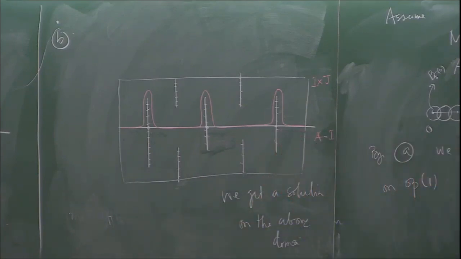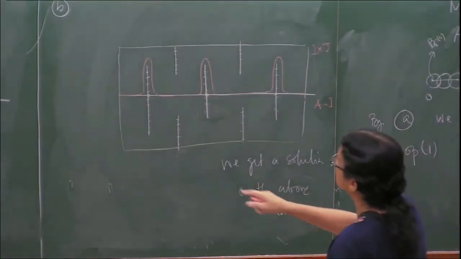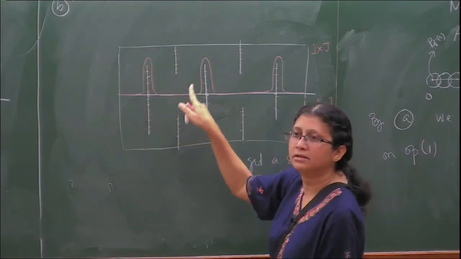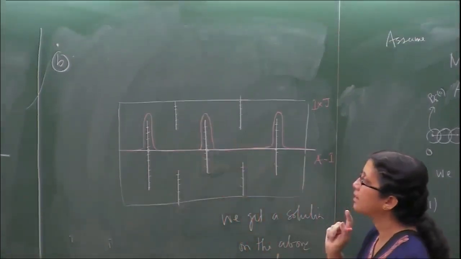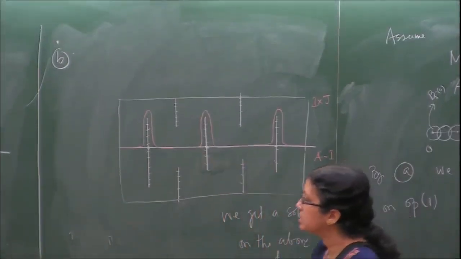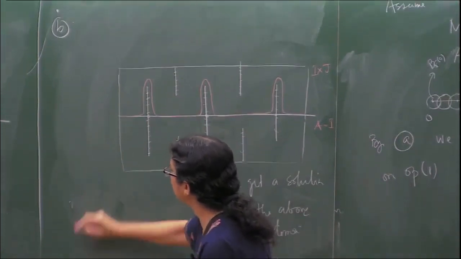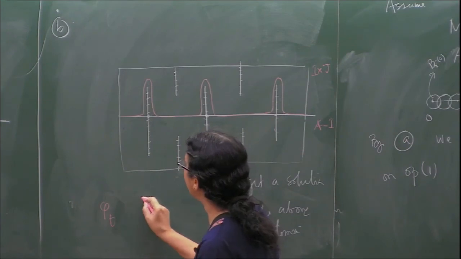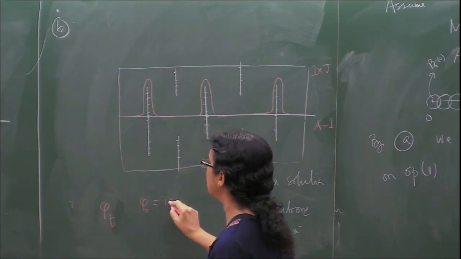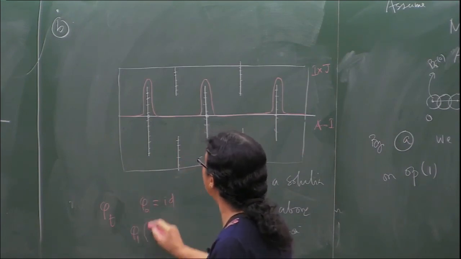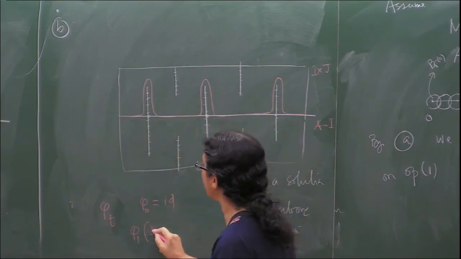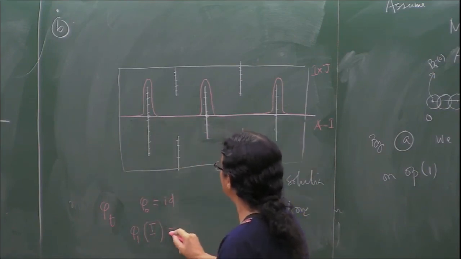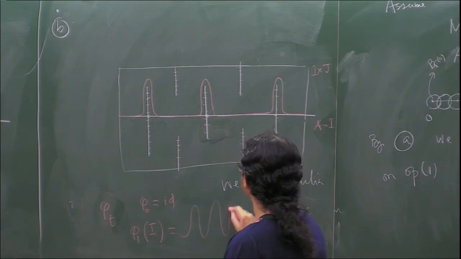You can use partition of unity, some bump functions, such that the graph will look like this. So suppose there is a phi t, I'll use some other notation, such that phi 0 is identity and phi 1 takes this A, which is my I, onto this picture.